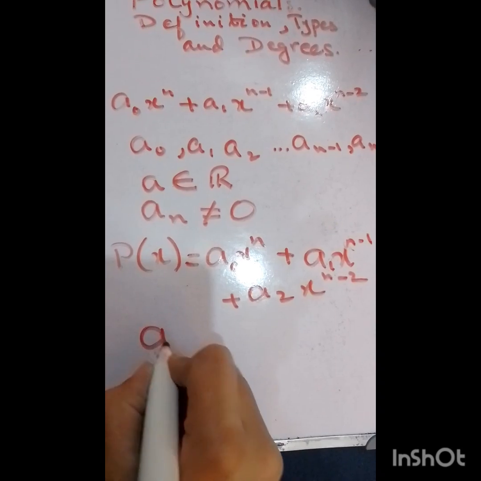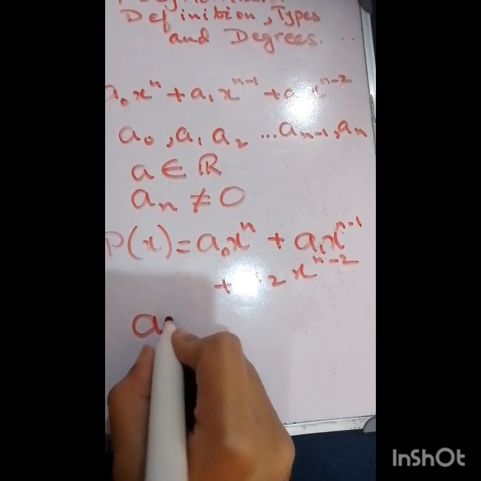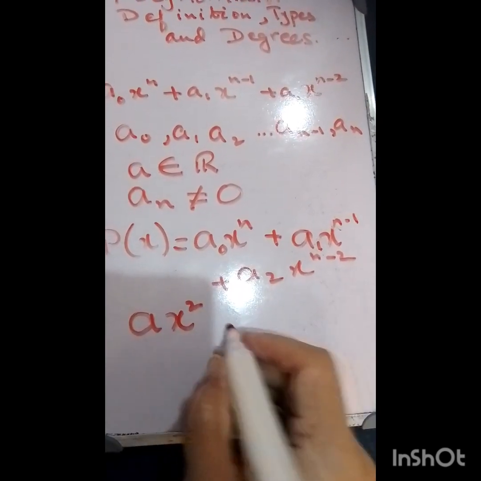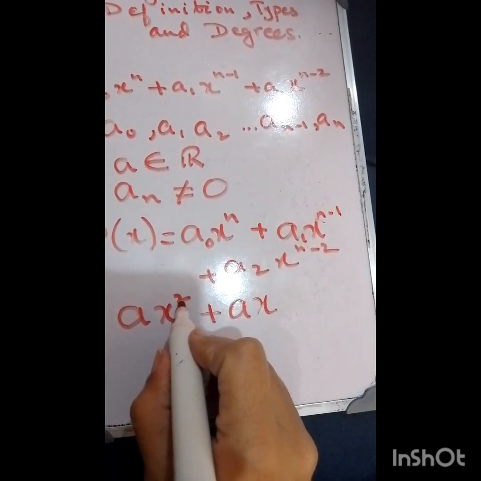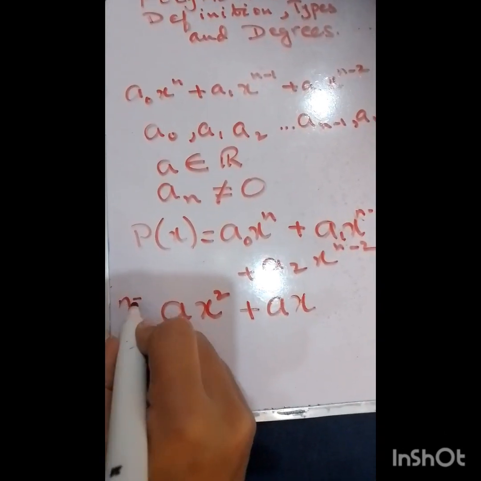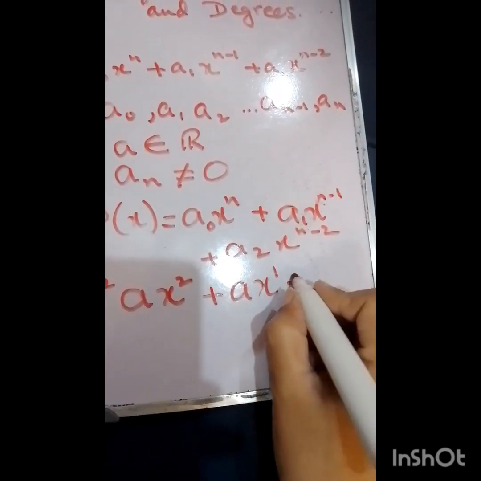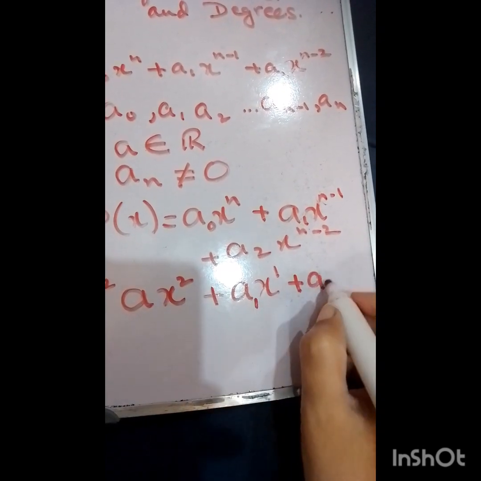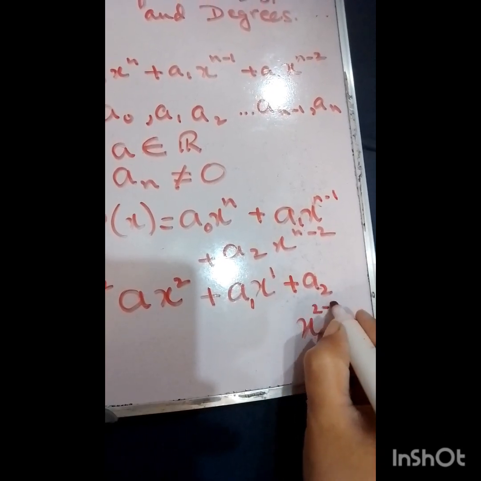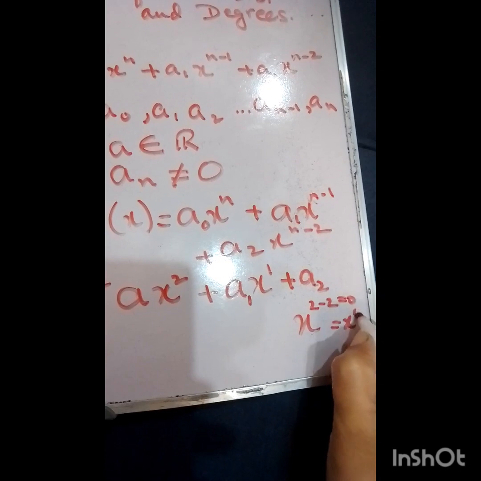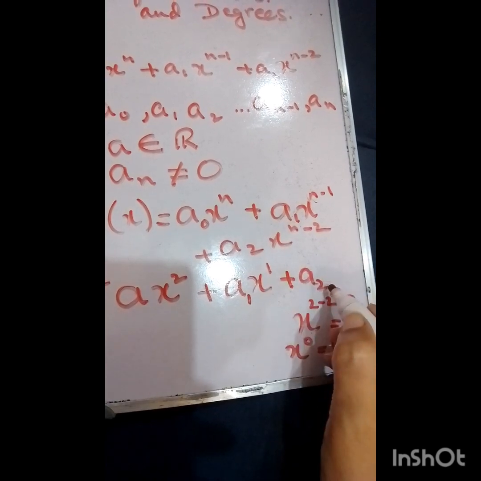If I put some numbers here, say n is equal to 2, then a x square plus a x, since n is 2, n minus 1 is 2 minus 1, which is 1, plus a, and 2 minus 2 is 0, that is x naught, and x naught is equal to 1, so instead of writing 1, we will leave it like this.